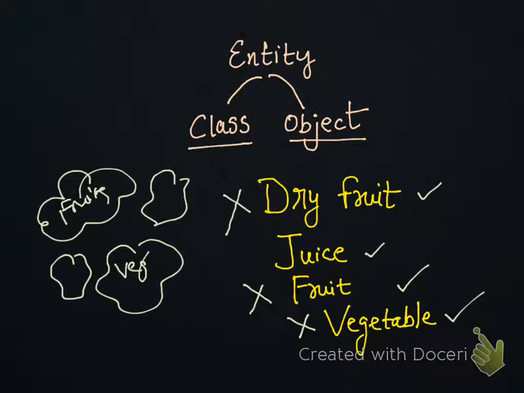This is how our mind works. It classifies things. From there comes this concept of classes in your object oriented language. Fruit is your class, and all those different fruits which I spelled out, be it apple, mango, papaya, banana, they are all objects.